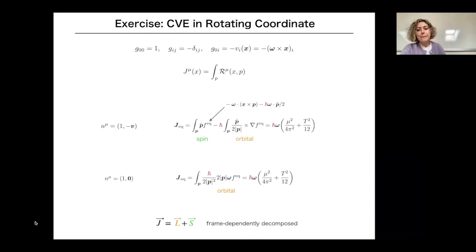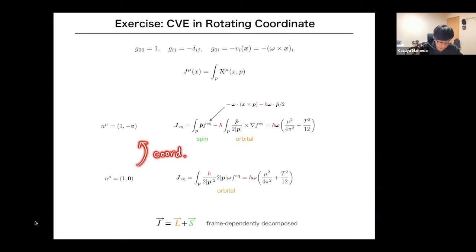Okay. Yeah, this is a coordinate rotation, and this n is like this. So in this sense, if you use this frame vector, then the physics is very similar to the usual chiral kinetic theory in the laboratory frame.